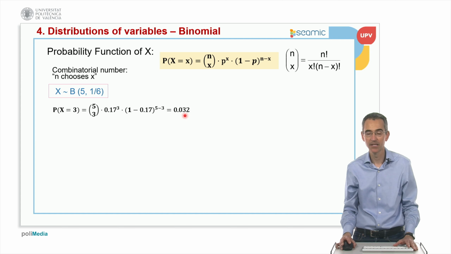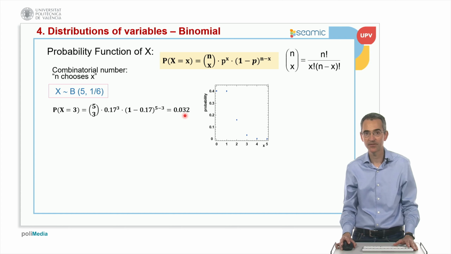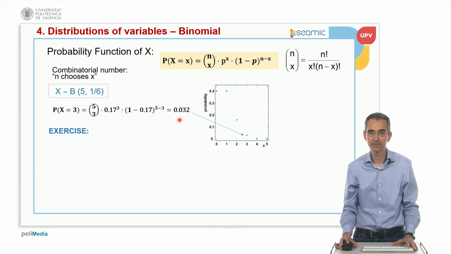So we make the calculation and we get the solution. This is the probability function for the different values from 0 to 5, and in this case we can see that the maximum is reached at the same time for 0 and 1. We can see that for x equal 3, this value is the one obtained by applying this equation.